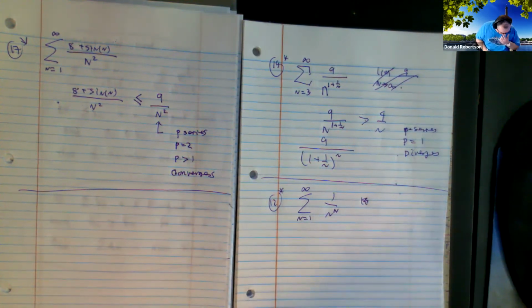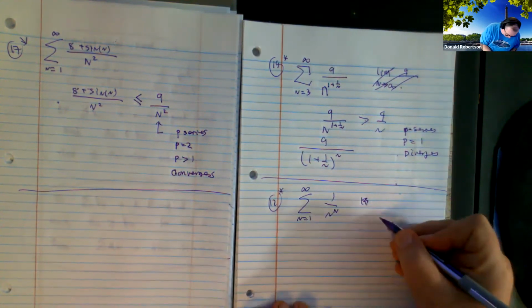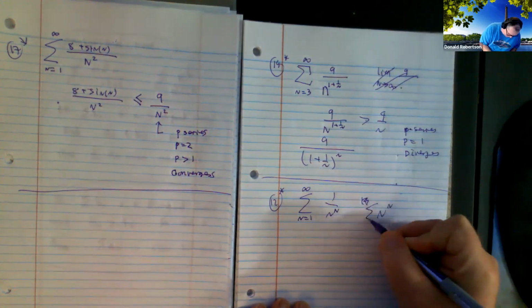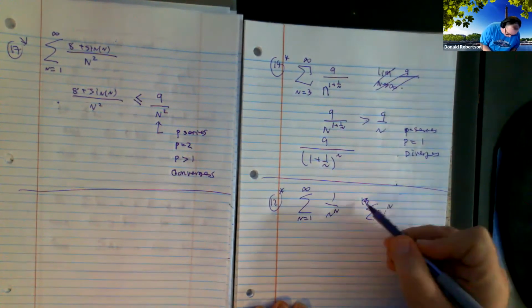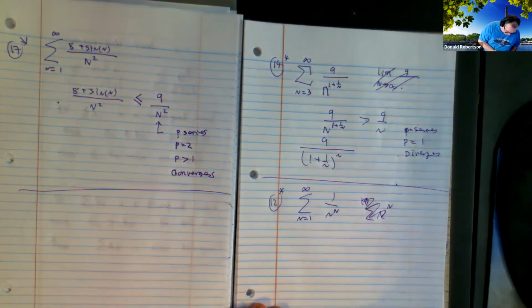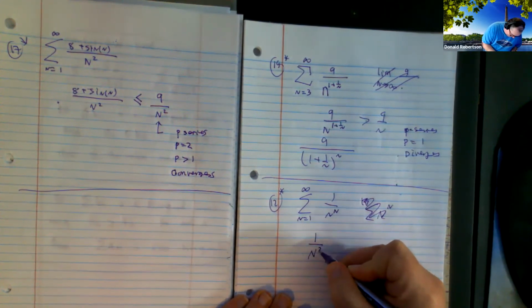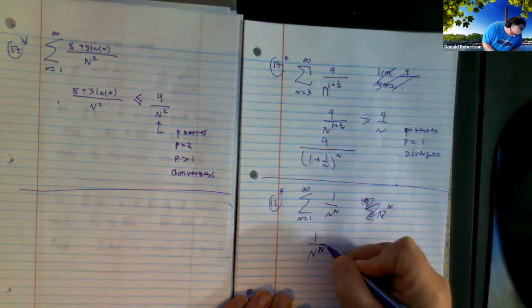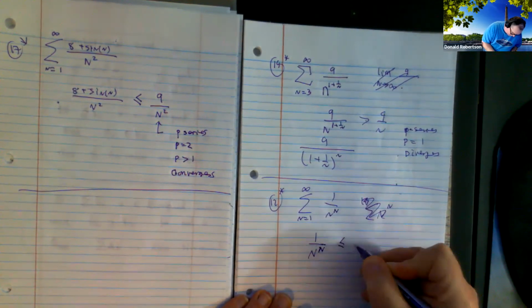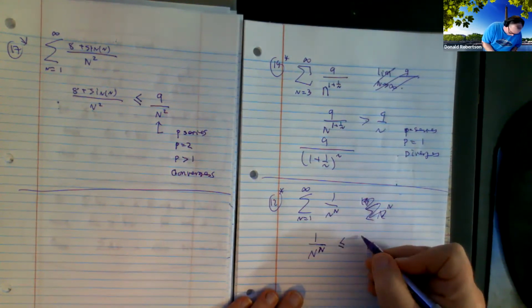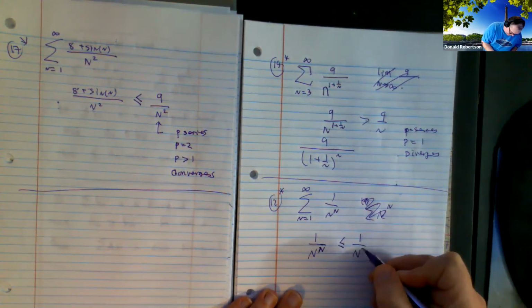That one is not a comparison test at all. That would have been, which is where my brain was. Okay. Let's do that as a comparison. Would you agree that that guy is less than or equal to that guy?